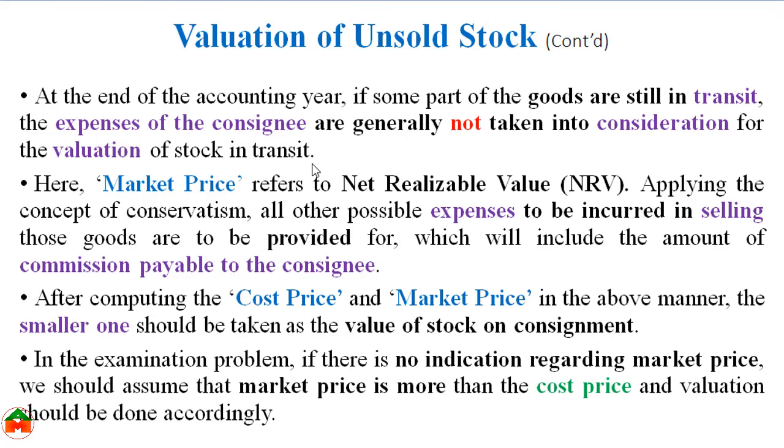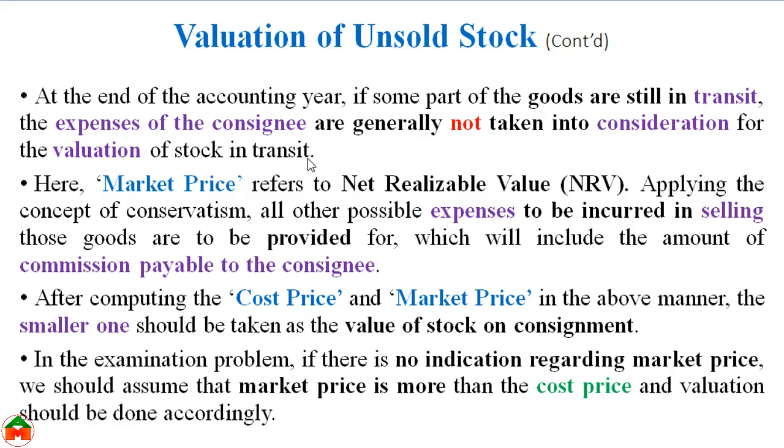If there are any goods which are in transit, then the expenses of the consignee should not be considered in determining the cost price in the valuation of stock in transit. That means if goods are still in transit, the expenses of the consignee are not considered for the valuation of stock in transit.